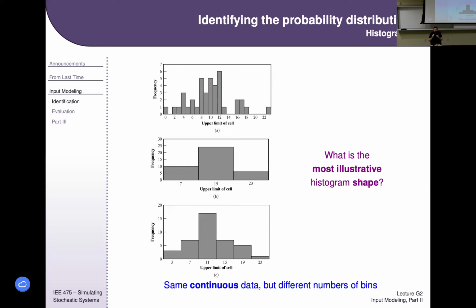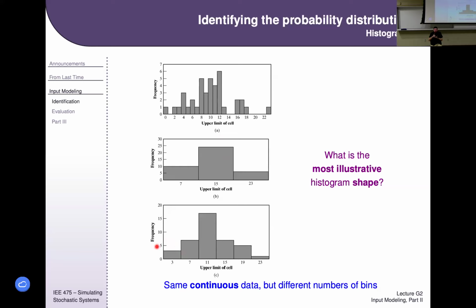Now you could go the other route and create really giant bins like this one here. Then I get these three bins, and it's clear that there's something happening in the middle, but I lose information about the tails. A bunch of different distributions would look like this. It could be triangular, it could be normal. I can't really tell. So I'd say that's too chunky, too few bins.